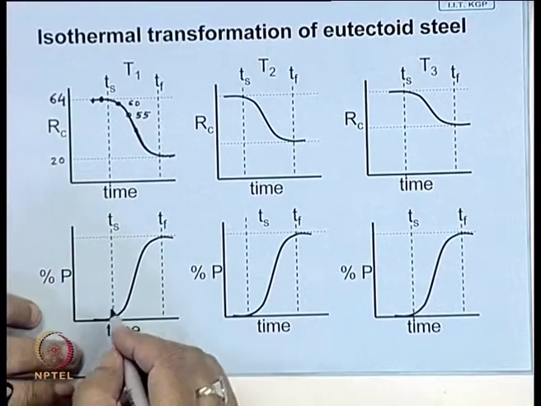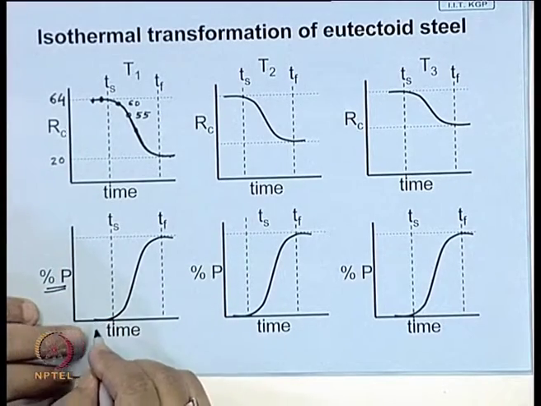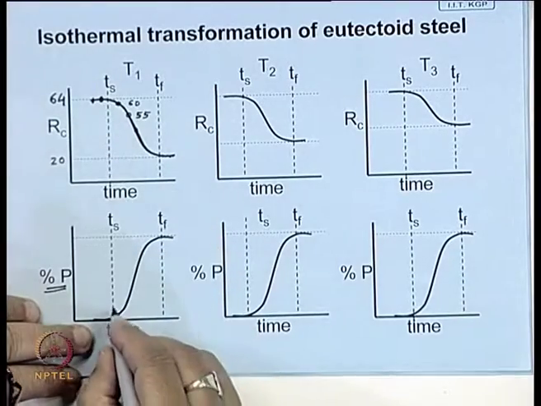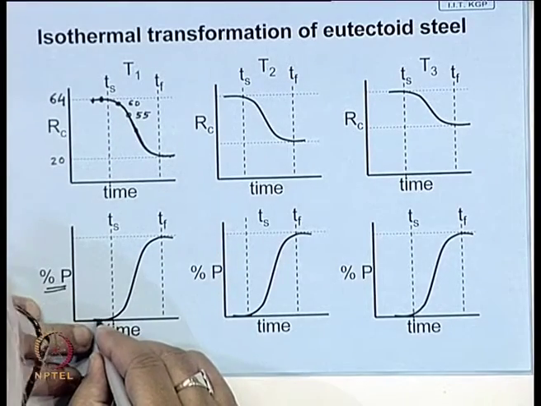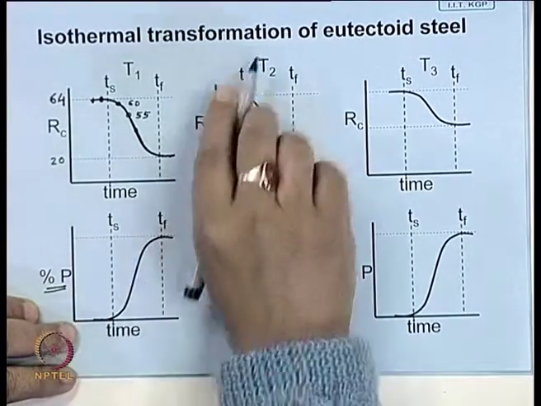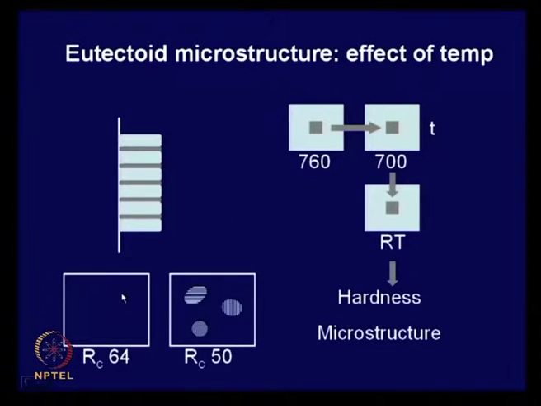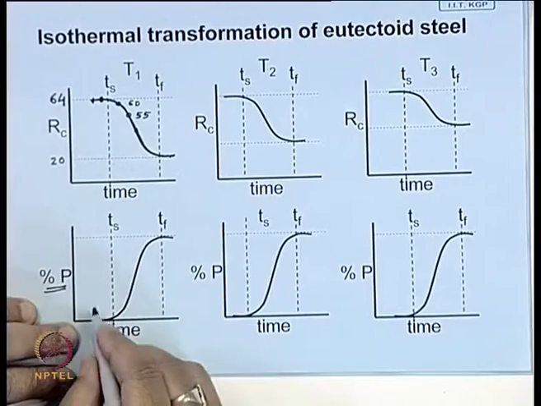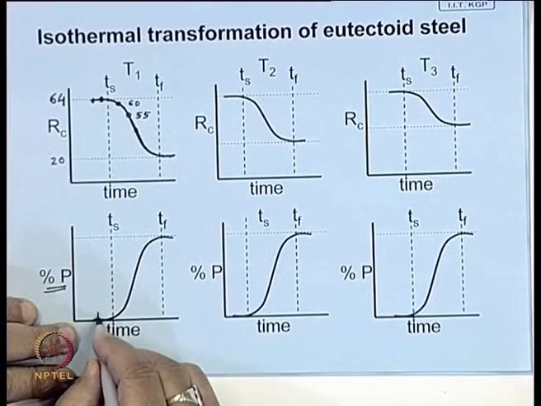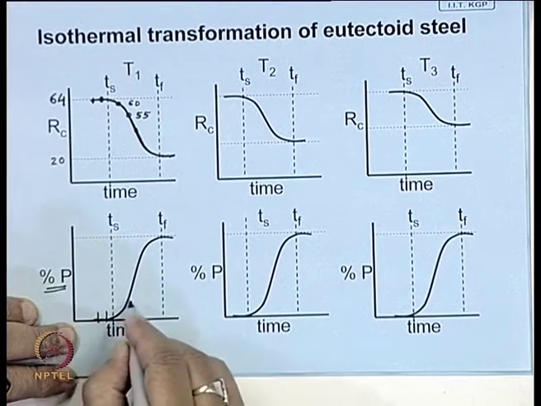Similarly, if you look at the microstructure and try to find out the percentage of pearlite nodules, you will find here also you will get a similar structure. Initially, if you remember the previous slide, there is no pearlite. So, for certain cases there is no pearlite here, and then the percentage of pearlite goes on increasing.